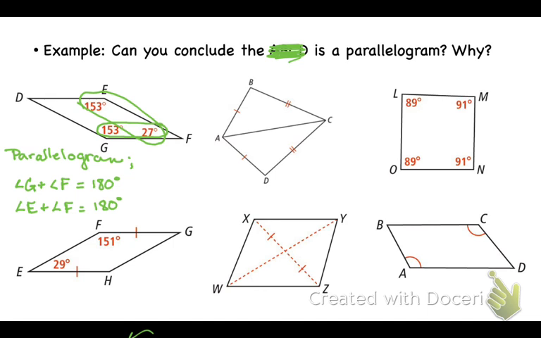Well, what do you think? What do I know about opposite sides of a parallelogram? What should they be? Parallel. Well, they should be parallel, but also congruent, right? Yes. What's opposite AD?